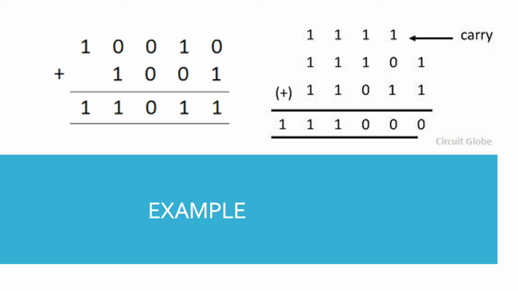The next example is an example that arises a carry. 1 plus 1 is 0 carry 1. Again 1 plus 1 is 0 carry 1. So we will keep on doing this and we will get the answer 1 1 1 0 0 0. You all please try this. It needs some kind of pen and paper practice to understand.